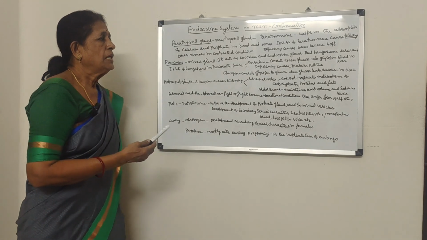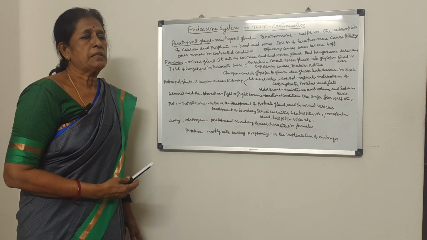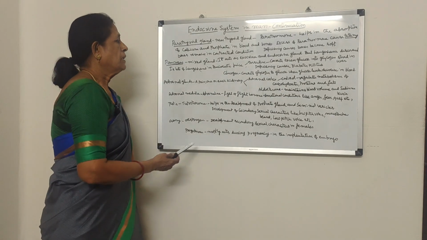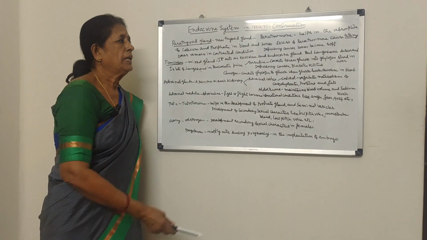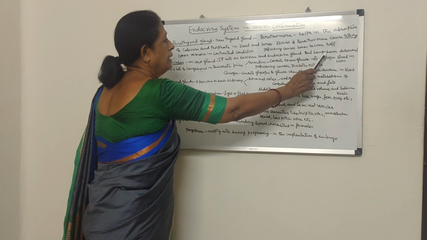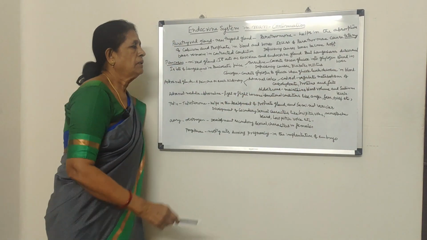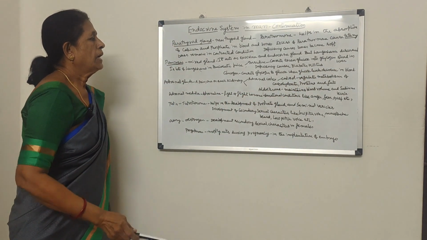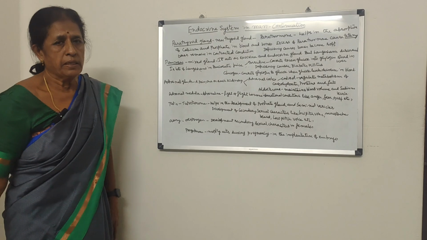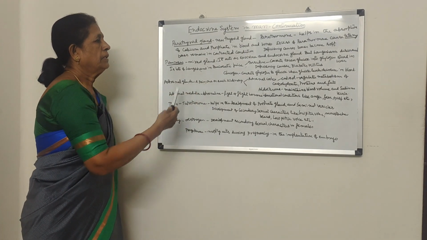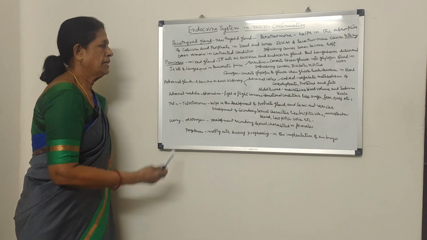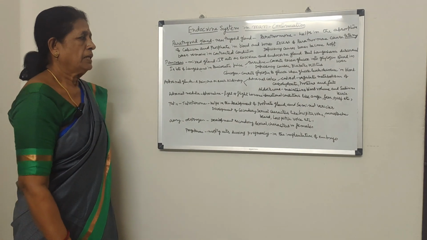There are certain special cells present in the pancreas which are called islets of Langerhans. Paul Langerhans discovered the presence of islets of Langerhans, so the cells were given the name of the scientist.